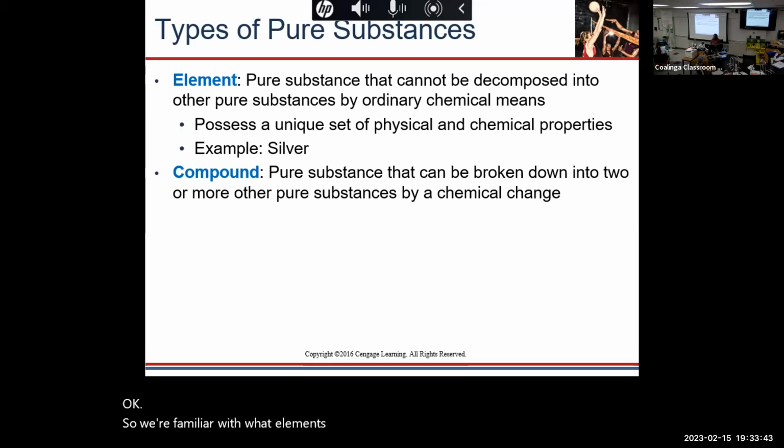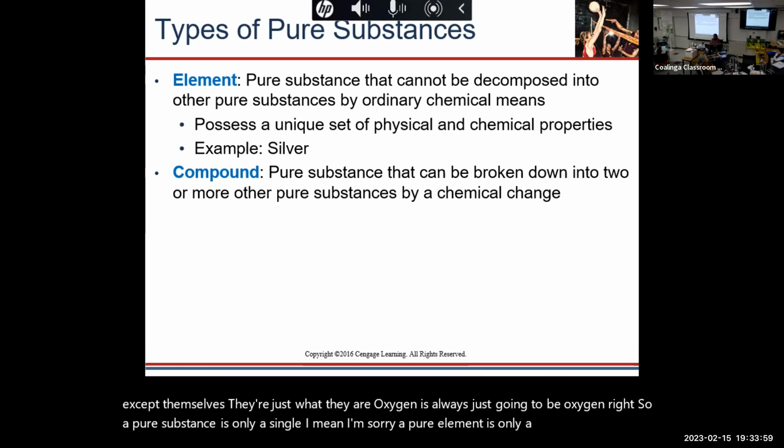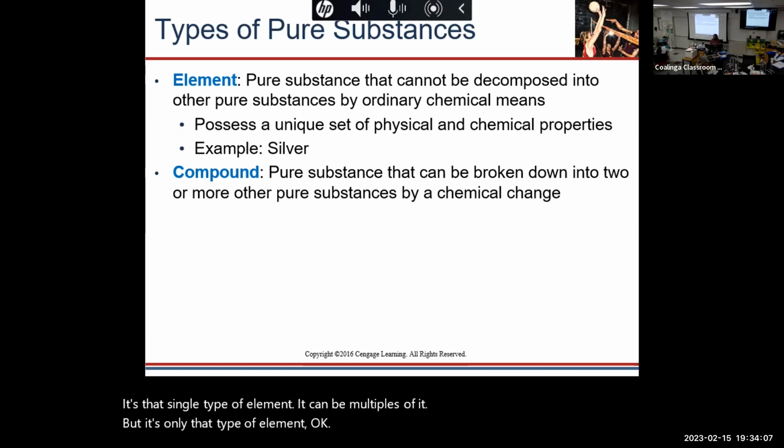Elements can't be decomposed into anything except themselves. They're just what they are. Oxygen is always just going to be oxygen. A pure element is only a single type of element. It can be multiples of it, but it's only that type of element. A compound can be broken down into two or more substances.